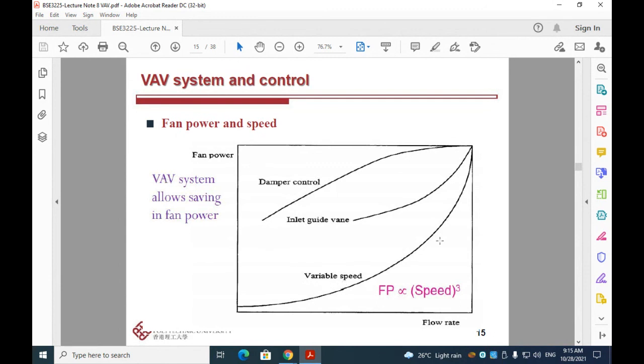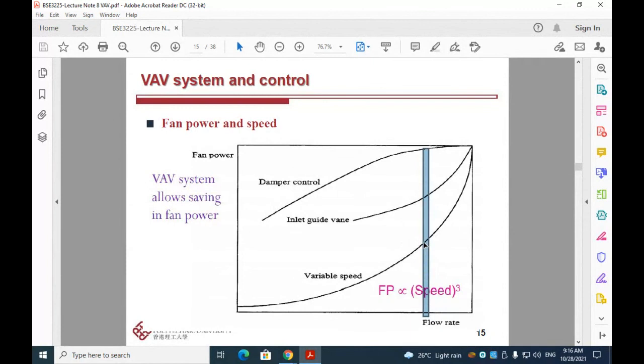And as you can see, comparing the fan power of the variable speed control with damper control and the inlet guide vane at the same flow rate, for example at this flow rate here, the corresponding fan power by damper control is the highest, followed by the fan power of the inlet guide vane control.